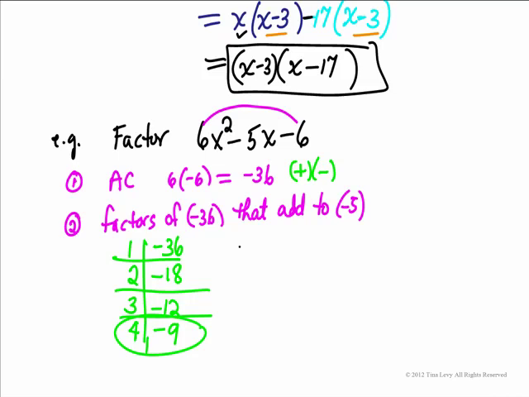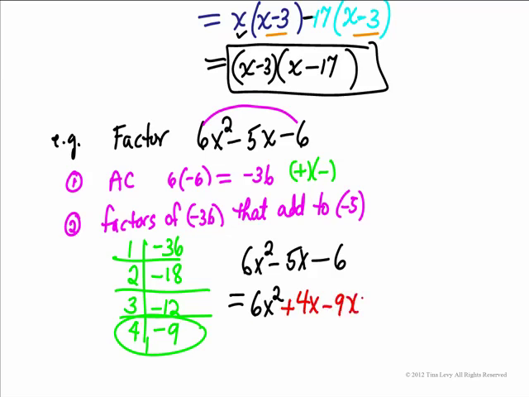We now are going to take our trinomial and expand it so that it's written with 4 terms. So we rewrite the minus 5x in the middle. We will have 6x squared, plus 4x, and negative 9x, and minus 6. We've now gotten 4 terms.